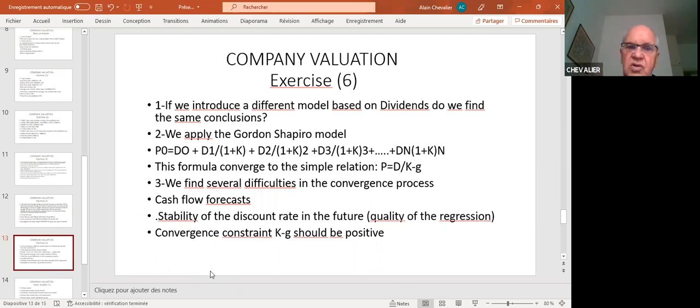We can also use the dividends, but we need dividend forecasts. And the problem is what to do with this dividend forecast on year N, as you see here. And hopefully there is some kind of convergence process I will explain.